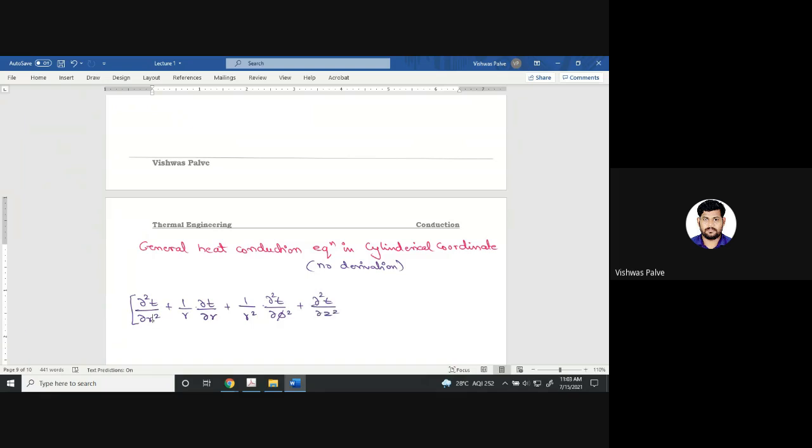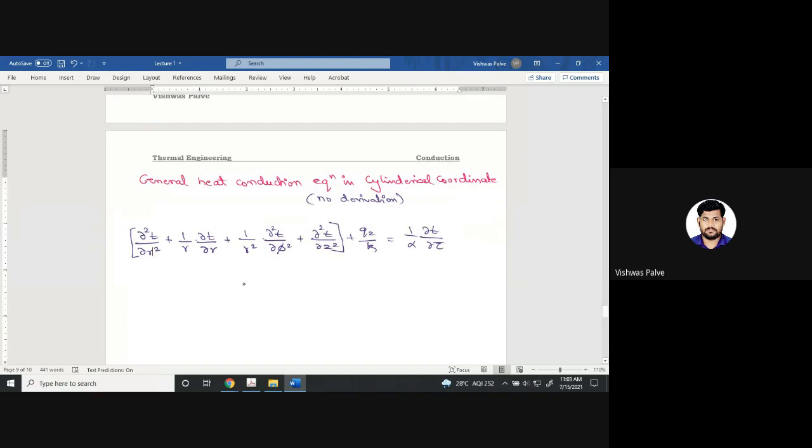This is the height of that cylinder. Plus the internal heat generation remains as it is, equal to 1 upon alpha dou t by dou tau.